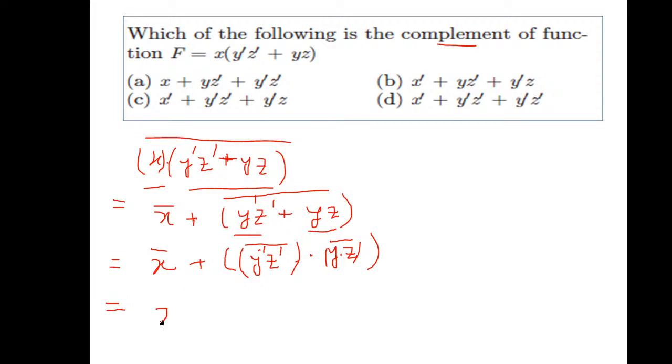Now what we are going to get here will be x bar plus y bar, the bar will be broken, then it will be y double bar, right? Y double bar will be there plus z double bar will be there. Okay.